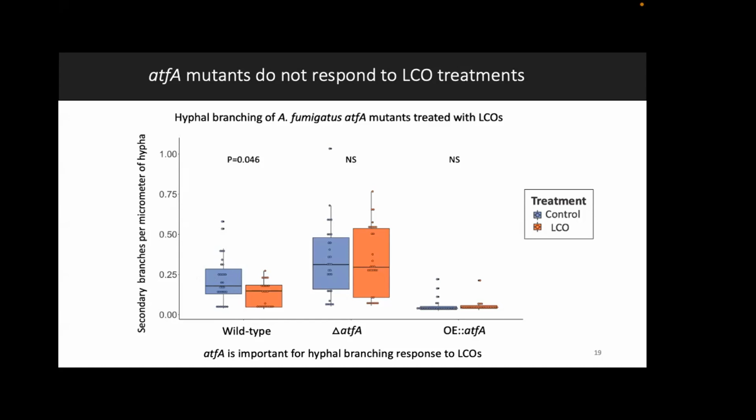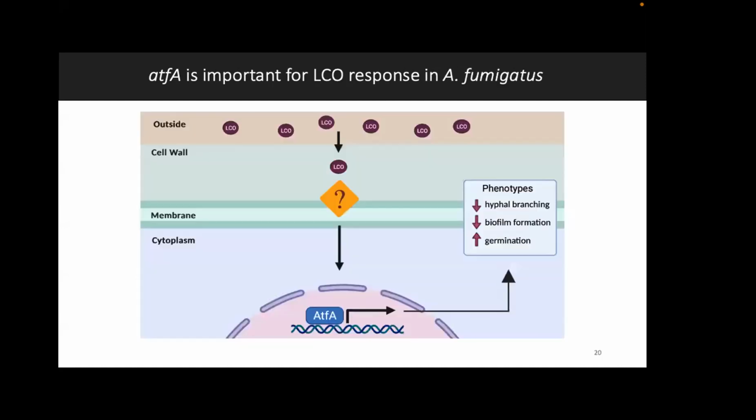This is telling me that this transcription factor is important for the response to LCOs. So I feel like I added a piece to the puzzle about what I think is happening. If we zoom in on what's happening at the cellular level, I hypothesize that LCOs are somehow being recognized by the fungus, and it's leading to a cascade of events that inevitably leads to the activation of ATFA and subsequently our phenotypes.